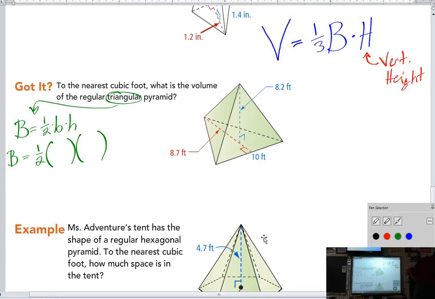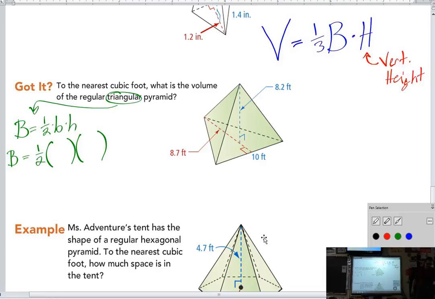When I'm trying to calculate the area of the base here, I look at the name of the pyramid. Kylie, what kind of pyramid is this? Triangular. So I already kind of gave it away. But in 2 dimensions, working with area, we use half. In 3 dimensions, working with volume, we use third.